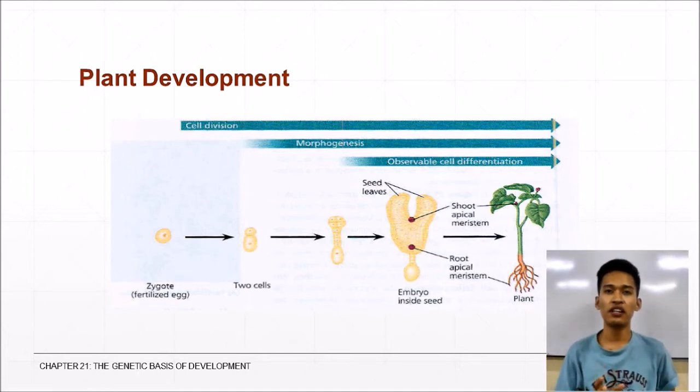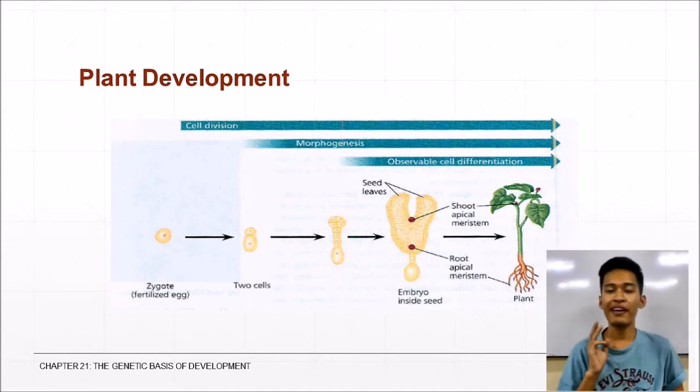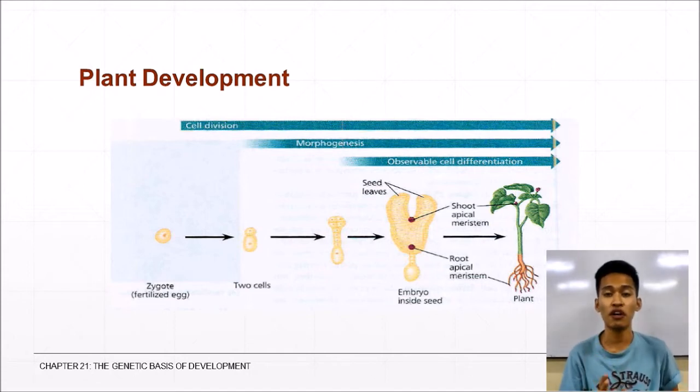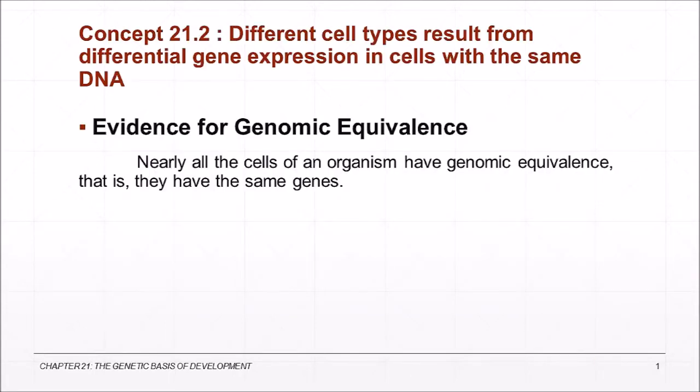During cell division and morphogenesis, the behavior and function of the cells are very different from each other, even though they are the same cells in the same cycle. In the next chapter, you will know why this is happening.